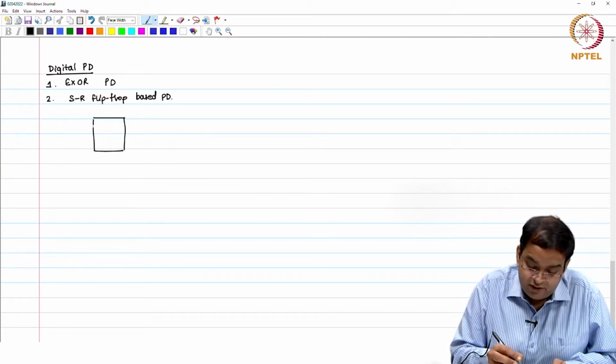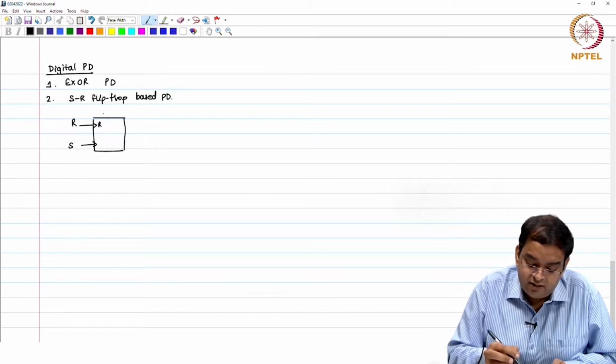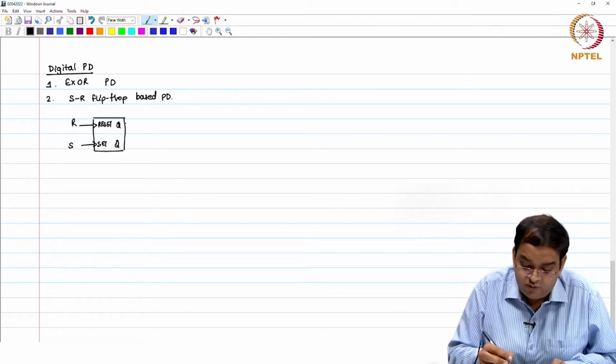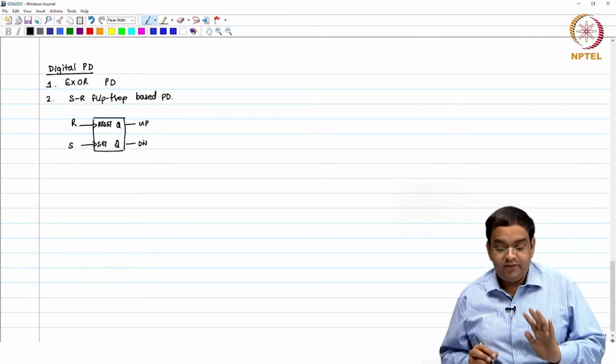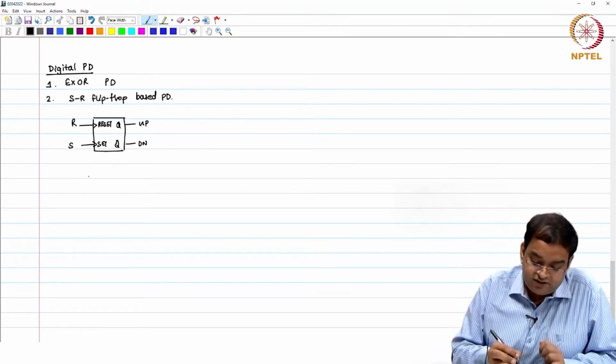Let us say you have inputs R and S, for example here. This is reset and the other one is set. Well, you can put it on any side, and then you have Q and Q bar, which I call, let us say, up and down. This is just a terminology. Okay. So, let us look at how this works.